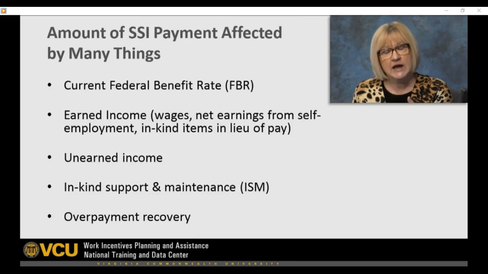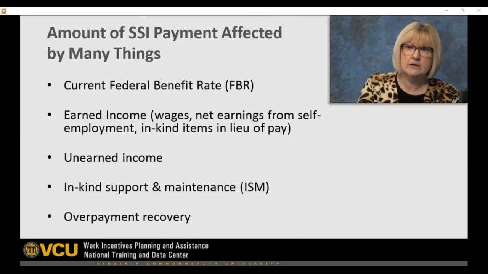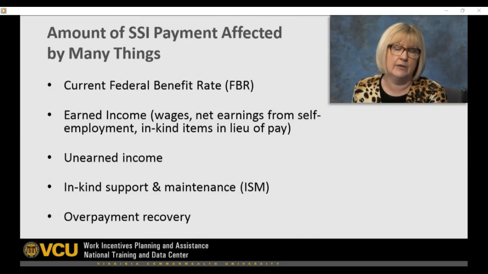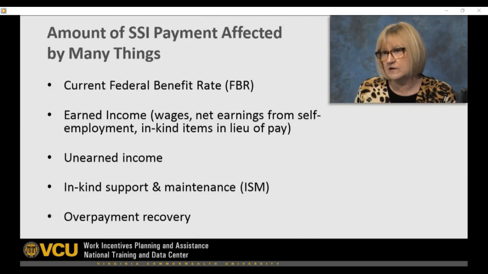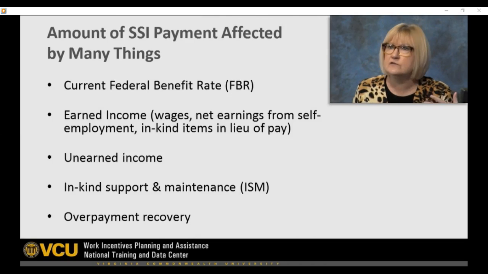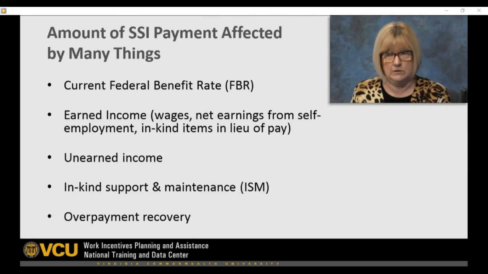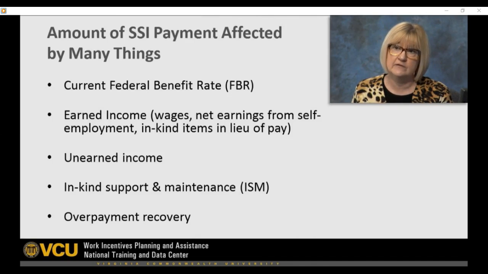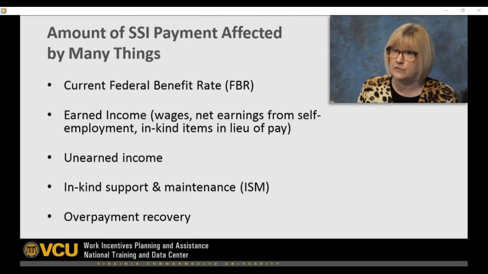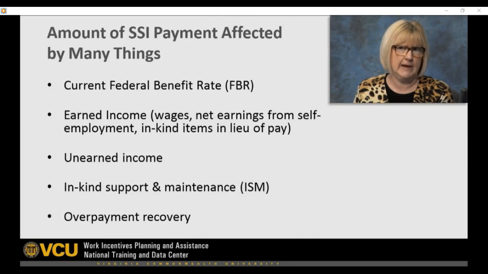And get ready, that word countable, you'll hear again and again through lesson 6, because there's all kinds of calculations that Social Security uses to deduct certain things so that your total income may be one thing, but how much is counted when Social Security reduces your SSI cash payment is another, right? That's where it gets a little complicated and it involves a little bit of math, all right? Not hard math, but basic math.